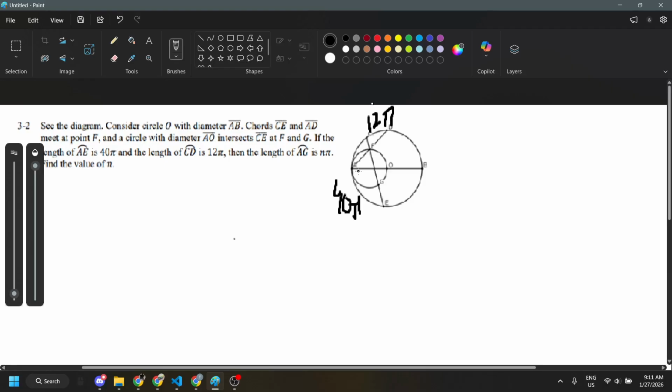And the length of the arc AG, this one here, is N pi. Interesting. I don't know what this tells us about anything.